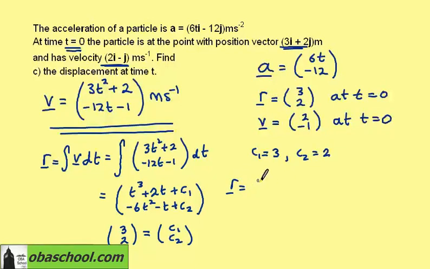Therefore r is going to be t cubed plus 2t plus 3 and minus 6t squared, take away t, plus 2.